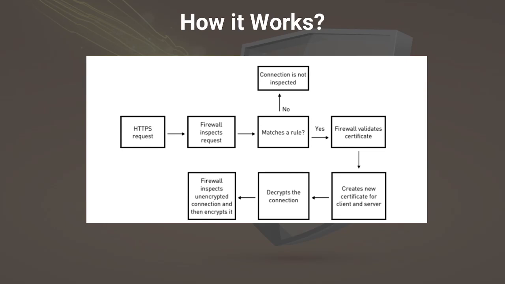And it also needs to do decryption, and not only decryption, but the firewall needs to encrypt traffic back when it's sending to the client or the server. So this can be challenging in terms of performance on your firewall. That's why you need to talk with your firewall vendor and choose wisely which model of firewall you want, because decryption has a significant performance penalty.